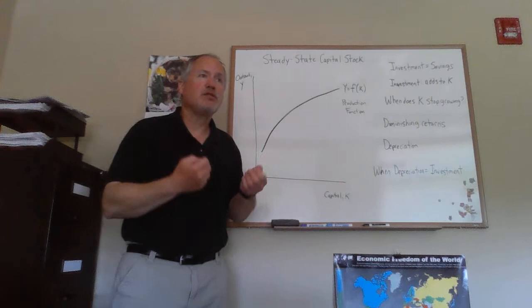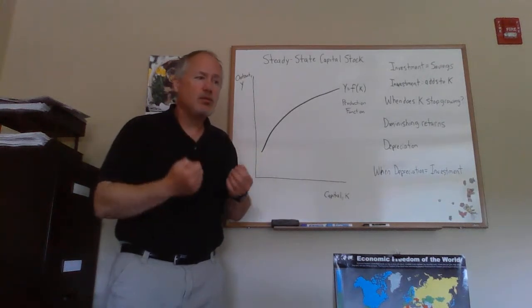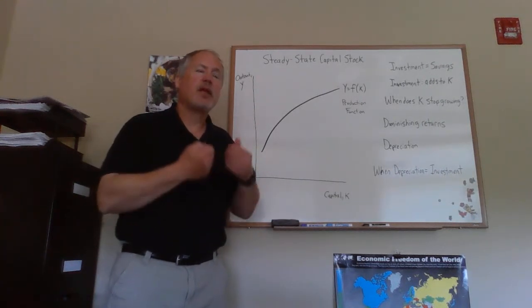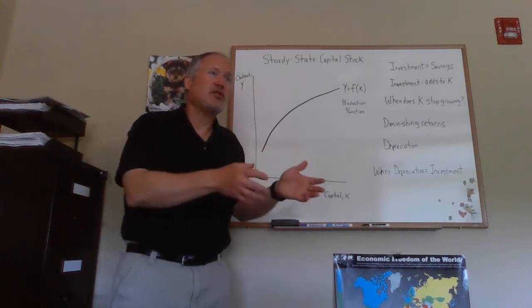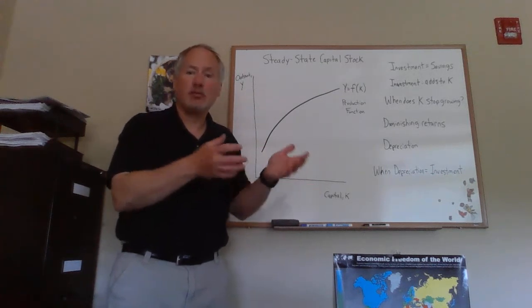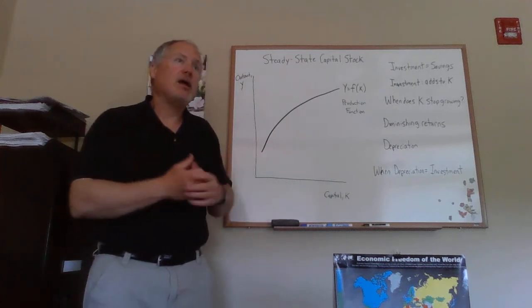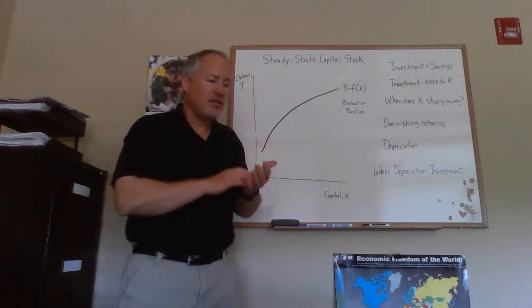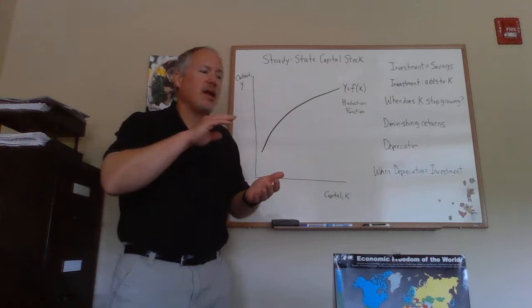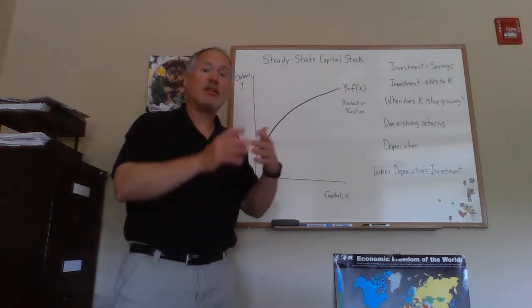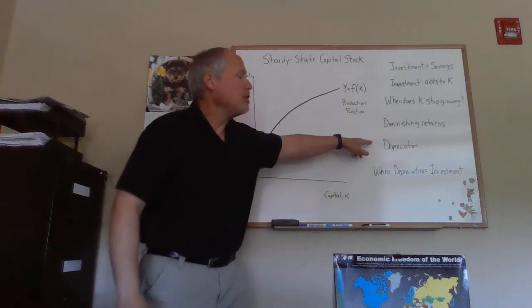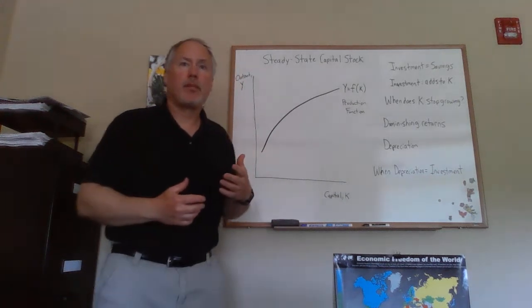Capital are produced factors of production, and tools break, machines wear out. Sometimes you can keep using them, but you have to use more and more maintenance and repairs to keep them working. That fact of maintenance and repairs, and then other machines and tools breaking and having to be replaced, that's what we mean by depreciation.